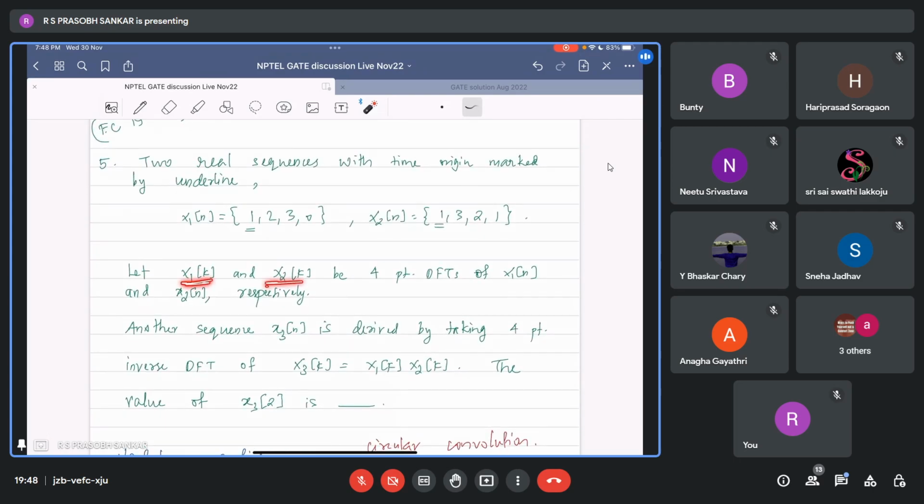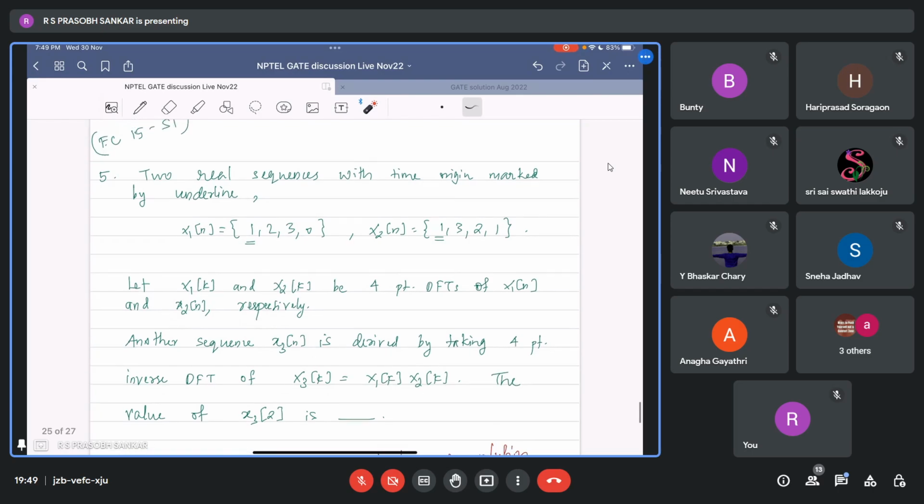Now let X1[k] and X2[k] be 4-point DFTs of x1[n] and x2[n] respectively. Another sequence x3[n] is derived by taking the 4-point inverse DFT of this quantity. We take the product of X1 and X2, take an inverse DFT, and we get x3. So given all these things, what is the value of x3[2]?